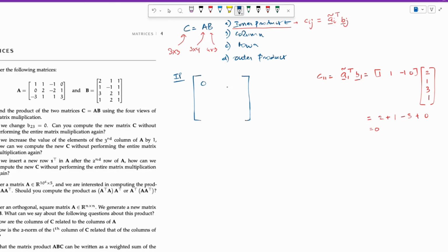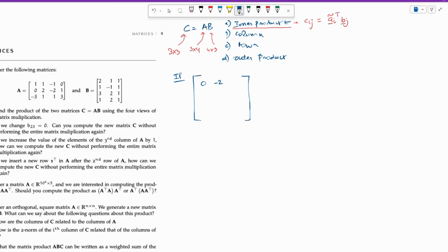Similarly, tell me what are all the other elements? You sure the second one is 0? This element, C12, will be the inner product of the first row and the second column. Minus 2. Okay, I don't know the answer, so maybe a couple of you do it and maybe the majority wins.